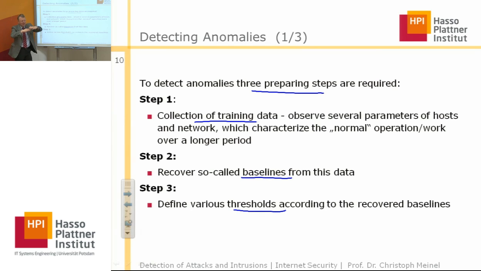If the difference between the baseline and the behavior in a certain parameter is larger and exceeds the threshold, then an alert is raised. Because I cannot work with the baseline alone, since in everyday use, of course, there are differences to the baseline in the characteristics. And I have, in the third step, to define up to which deviation it is considered a normal difference, and when it starts to be considered an abnormal difference.